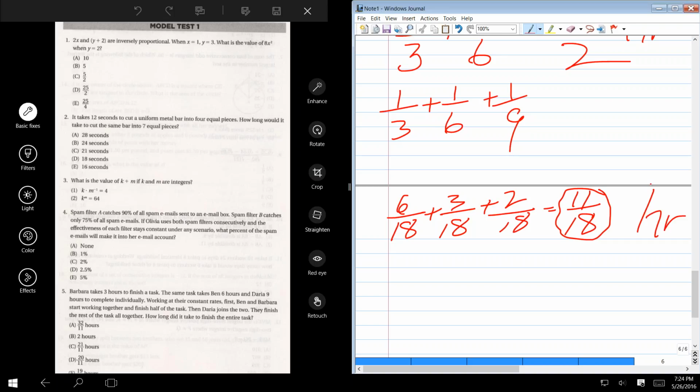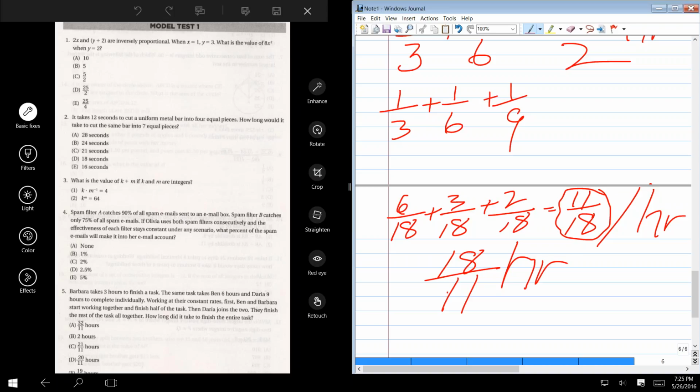That means 18/11 hours to do the whole house, but you don't need that amount done, so you are going to cut that down.